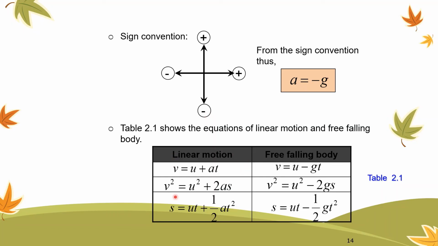So here is the table to differentiate between linear motion and free-falling motion. For linear motion, our a depends on the object, on the acceleration. But for a free-falling body, our a is equal to gravitational acceleration, which is 9.81 meters per second squared.